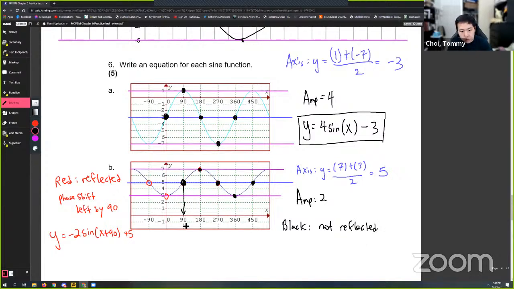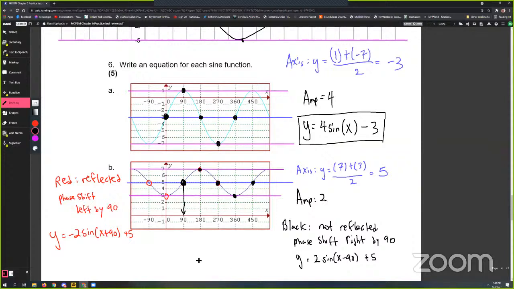However, it is phase shifted, and this time it starts at 90, which means for the black lines, it's phase shifted right by 90. So their equation is going to look slightly different. It's going to look 2 sine x minus 90 plus 5.